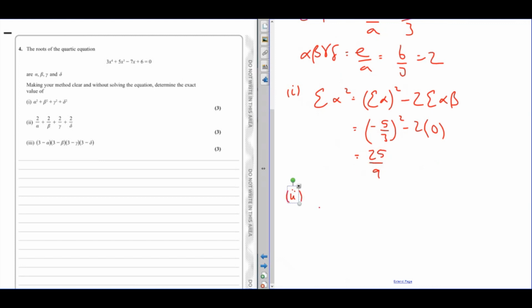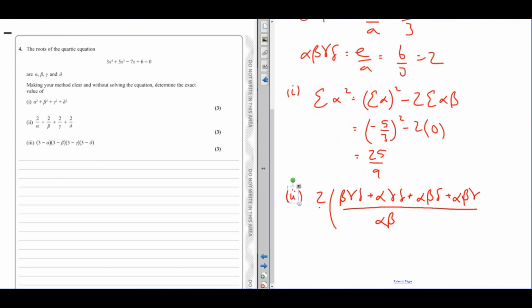The next one is these fractions here. So I'm going to factorize out a 2 and then combine these all together. On the top, you will get beta gamma delta plus alpha gamma delta plus alpha beta delta plus alpha beta gamma, which is the sum of the product triples.